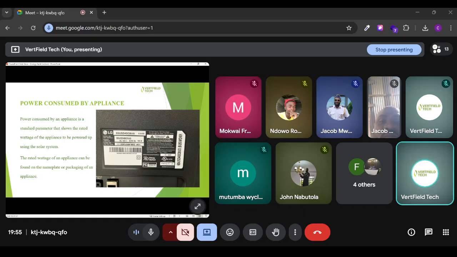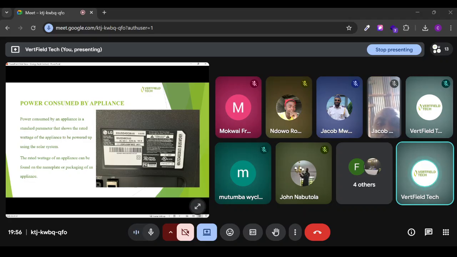The nameplate is that place on the body of your appliance which states clearly all the information concerning that appliance.